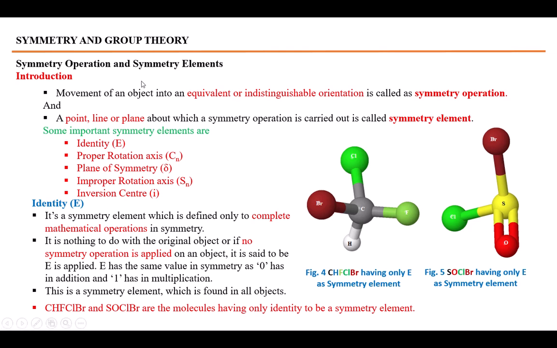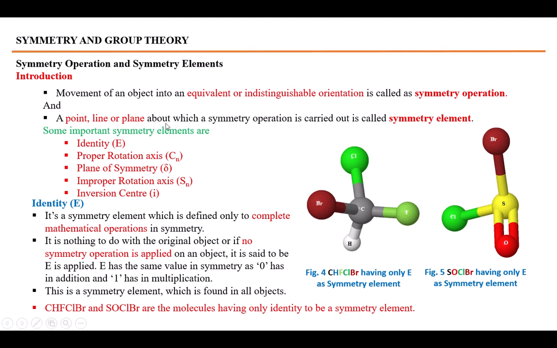What is symmetry operation and symmetry element? Symmetry operation is the movement of an object into an equivalent or indistinguishable orientation. It means you are watching an object, and you make some rotation, some movement in that object, and after that movement, if that object gives you the same image again, that will be called a symmetry operation you have applied.